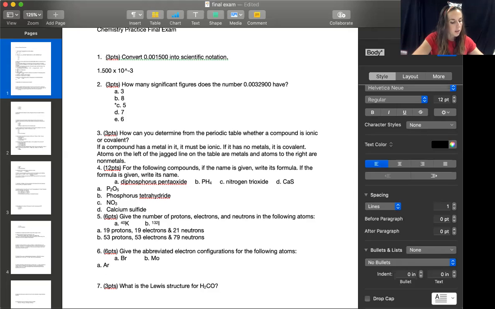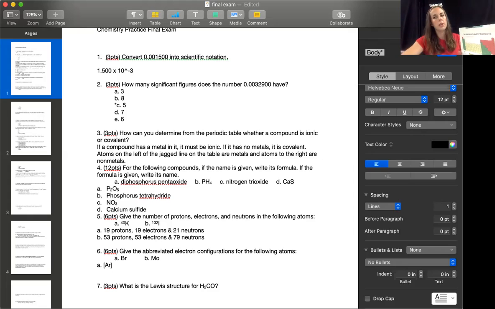Let me make sure I'm doing it right. Ar is going in brackets because this is abbreviated, so they want you to know this is the closest one.